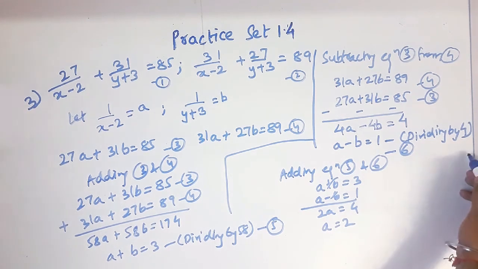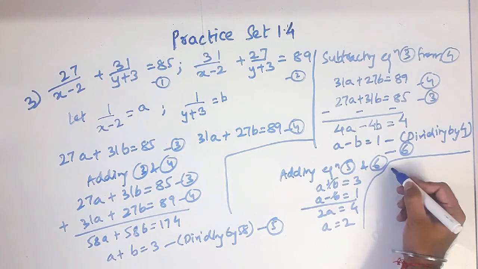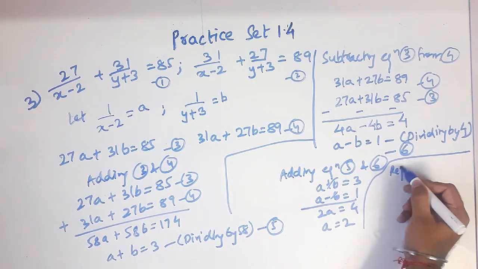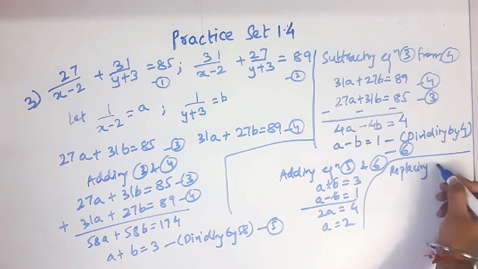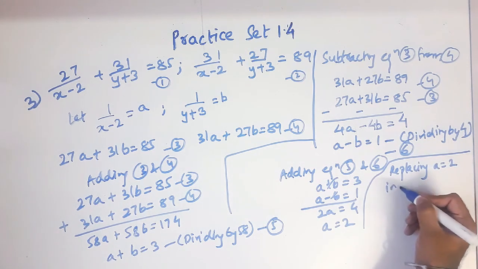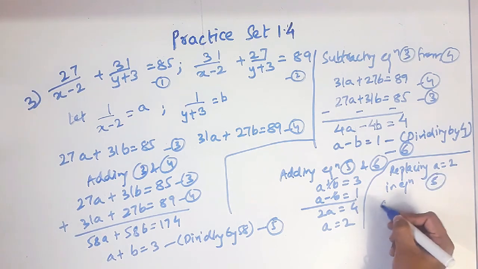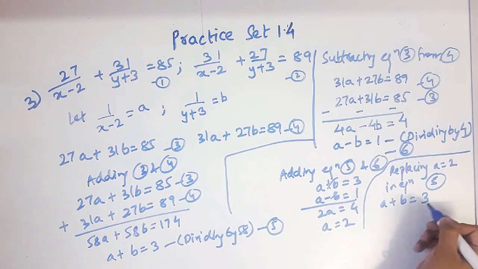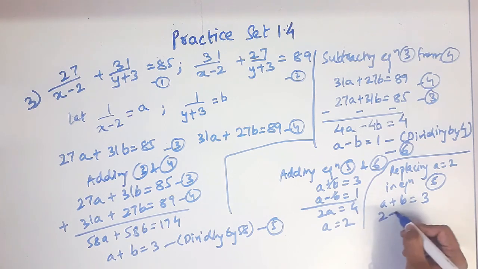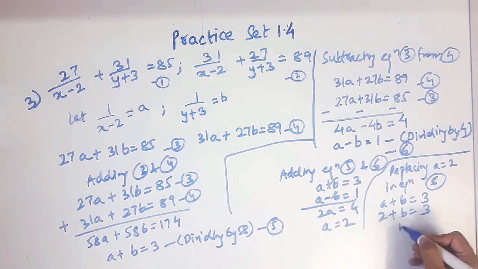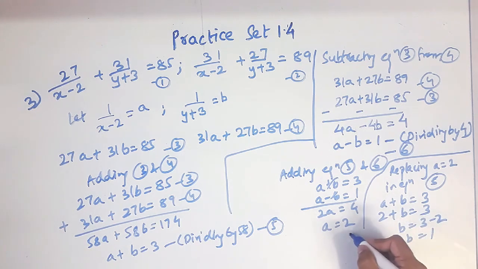Okay, so now replacing a equals to 2 in equation 5, I will take a plus b equals to 3. So 2 plus b equals to 3, b equals to 3 minus 2, b equals to 1. So we got the value of a and b. What is it? A is 2 and b is 1.